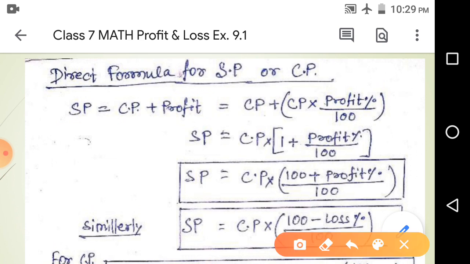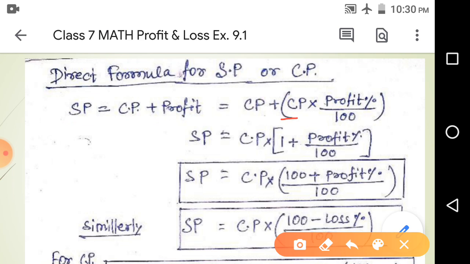Then the selling price is equal to cost price plus profit, and we have the formula for profit: CP into profit percent by 100.